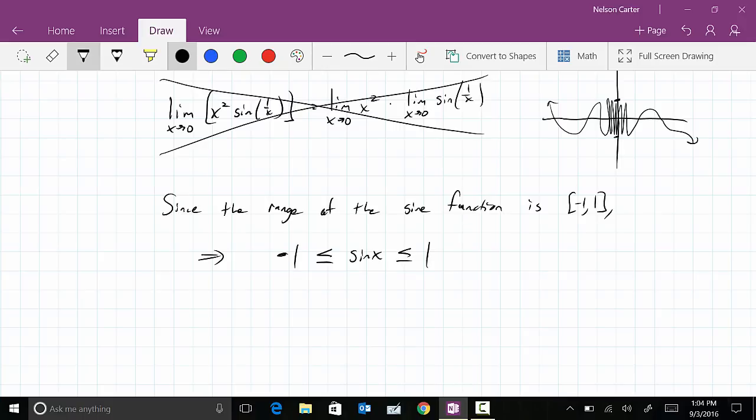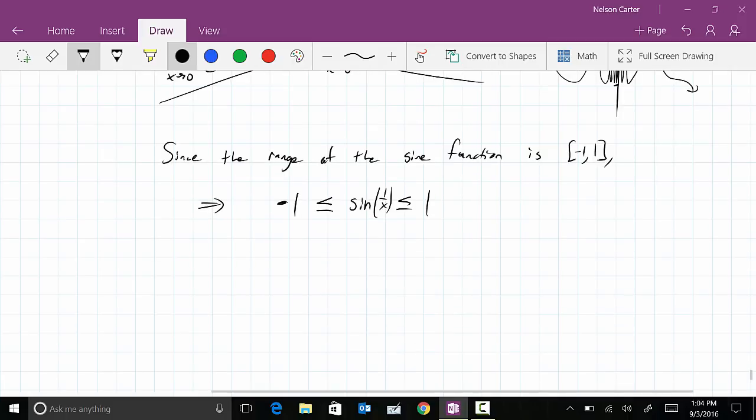But we said that's the range for the sine function, always. So that means it would also be the range for the sine of 1 over x, because the sine of anything is always bounded between -1 and 1. So the sine of 1 over x has to be between -1 and 1 also.